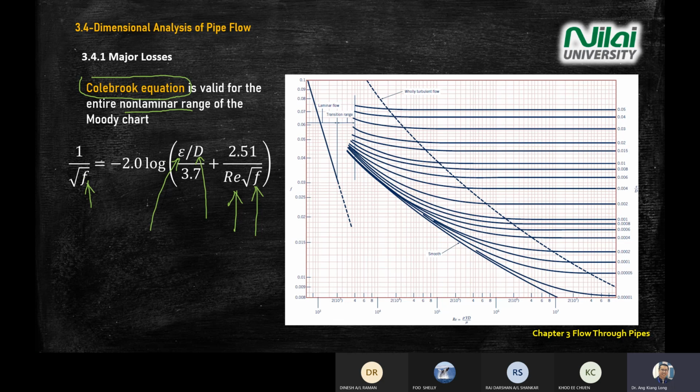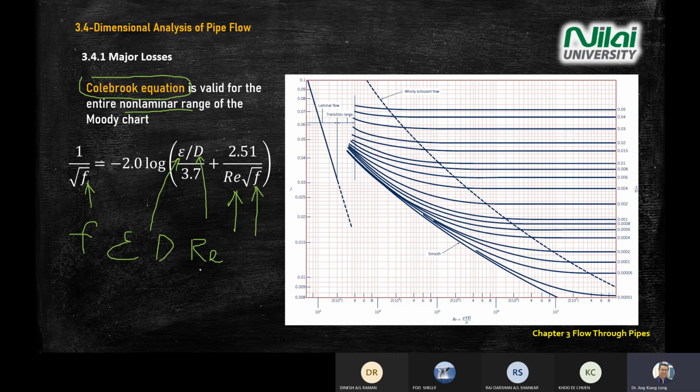If you know any three, you are able to solve the other one. So they are F, epsilon, D, and Reynolds number.